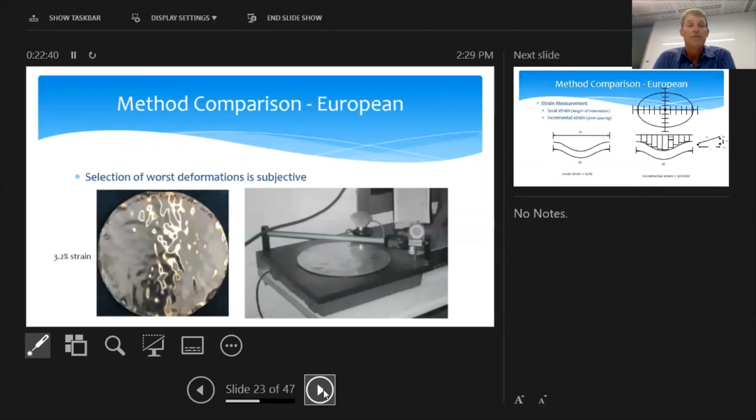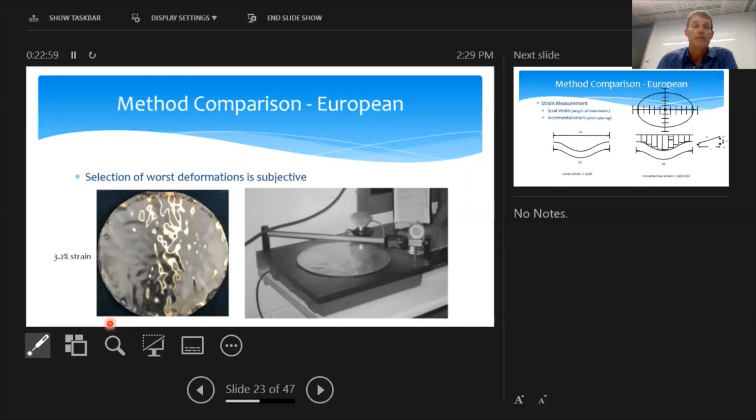The next area is looking at the selection of the worst 5 areas. So it becomes quite subjective from a testing standpoint. The person that's testing it chooses the worst 5 indentations, and how they select those 5 indentations in terms of measuring it matters.